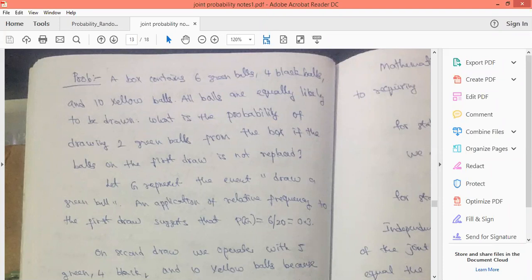Okay, after drawing the first ball it is not replaced. Now see here, what is the probability of drawing a green ball? How many green balls do we have? 6, divided by the total number of balls, 20. So this is the probability of drawing a green ball the first time, given as 6 by 20.